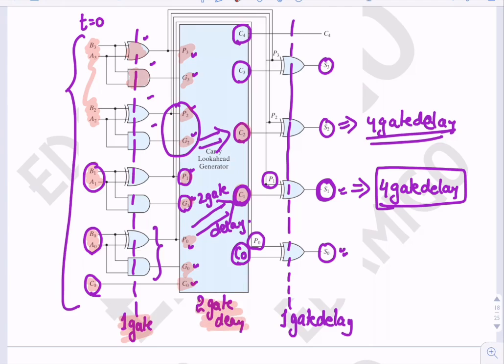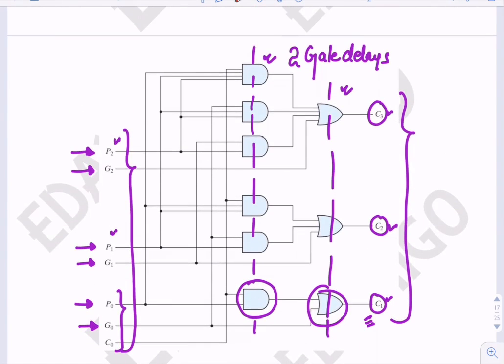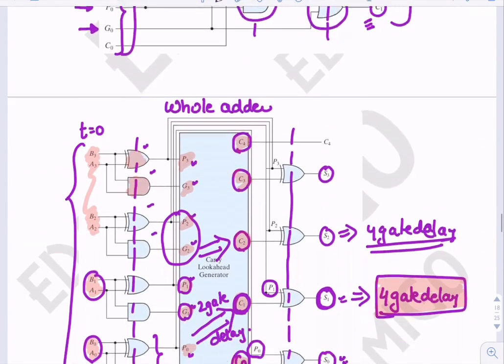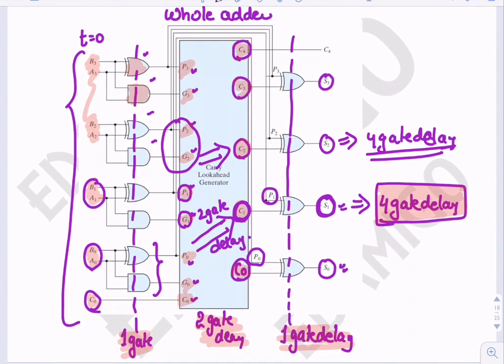After two gate delays all the carries are available, and after one more gate delay all the output sums are available. So a total of four gate delays are needed in this whole circuit, which is much less than the ripple carry adder. But the very important thing is that we need more gates here. In the look ahead carry adder, only four gate delays are needed.